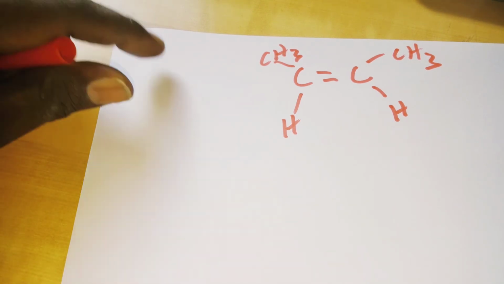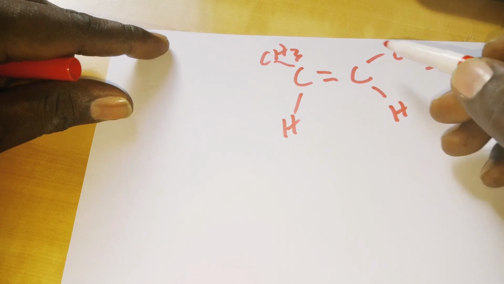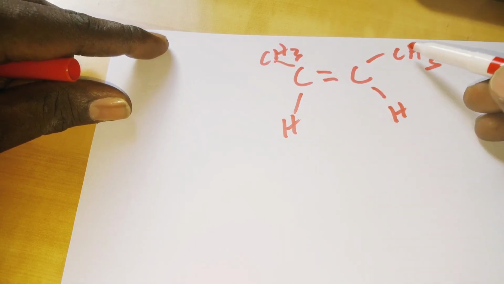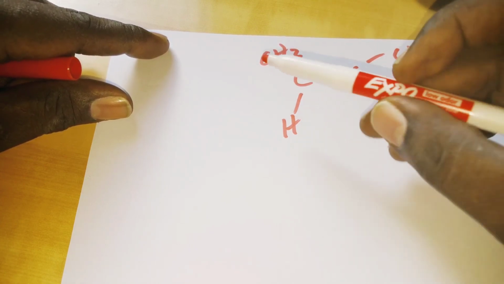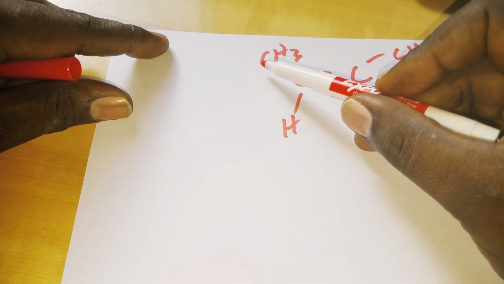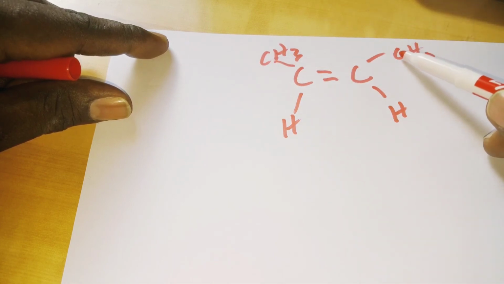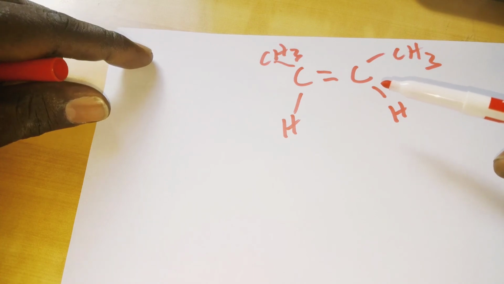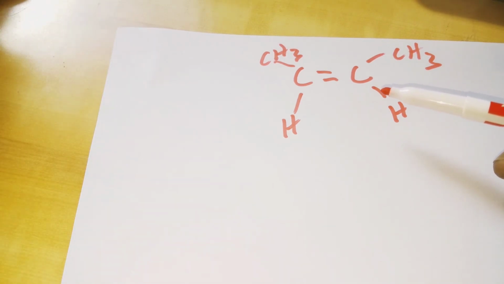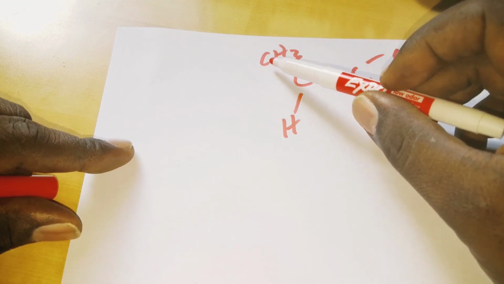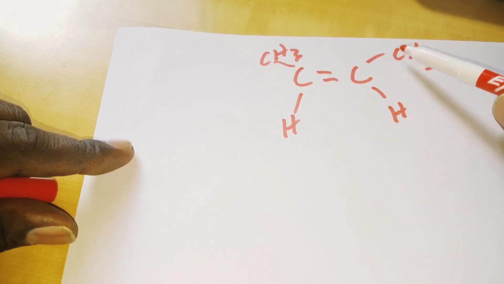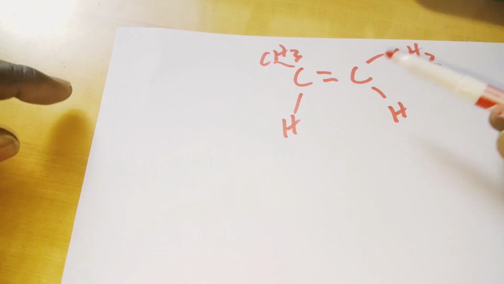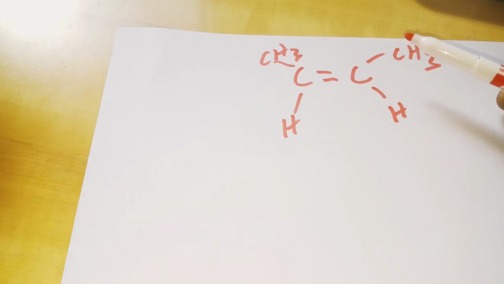Oh, but no, these are not branches, as you thought. These are actually a part of the chain, because I can take my pencil and draw a line from this carbon to this carbon, and that line passes through all carbons without having to go back to get to another carbon. So this is actually butene, and it's 2-butene.